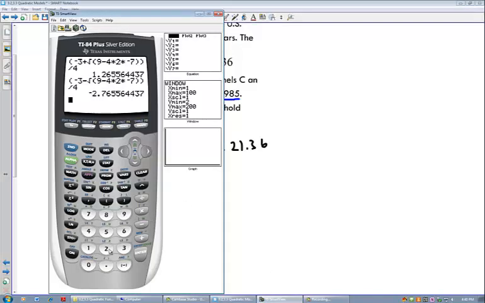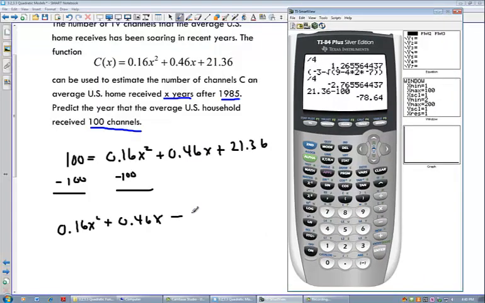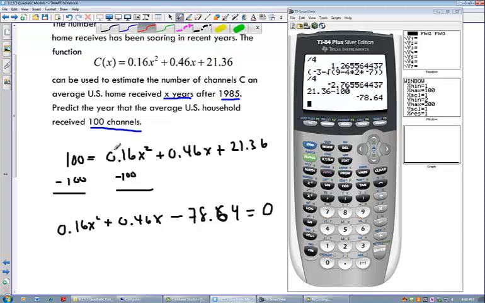If you have your calculator, you can take 21.36 minus 100, and then hit enter, and you're going to get negative 78.64, and that's equal to 0. If you look at this, you can identify your a, that'll be your b, and this will be your c.